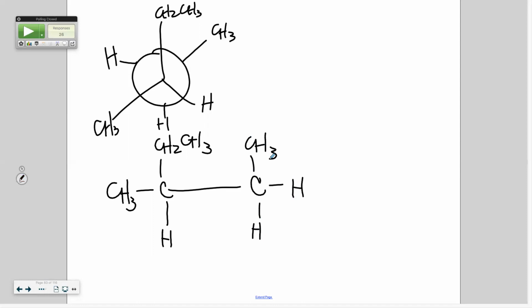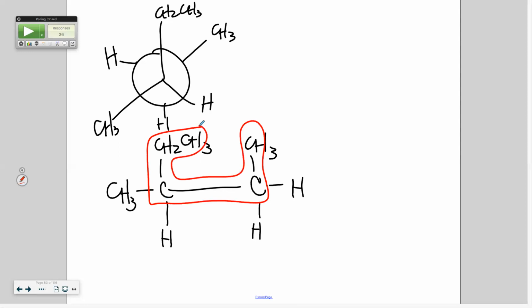Okay, now can you name that? So if you couldn't name this, could you name this? Please don't say no, I might cry. So what do you do first? Number 1, find the longest chain, which is how many? Does everybody agree that that's the longest chain?